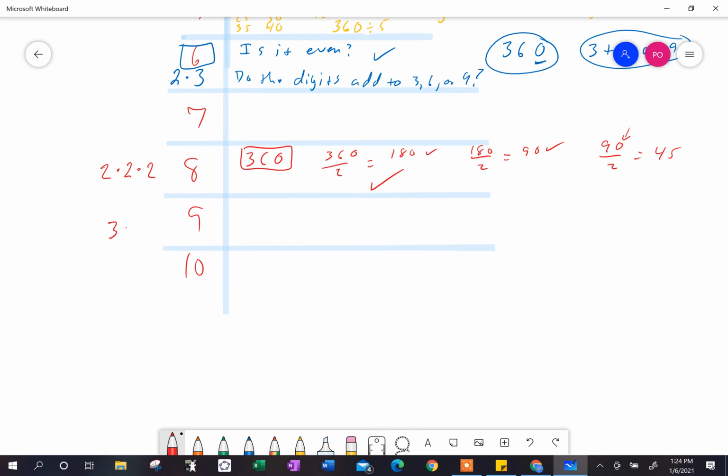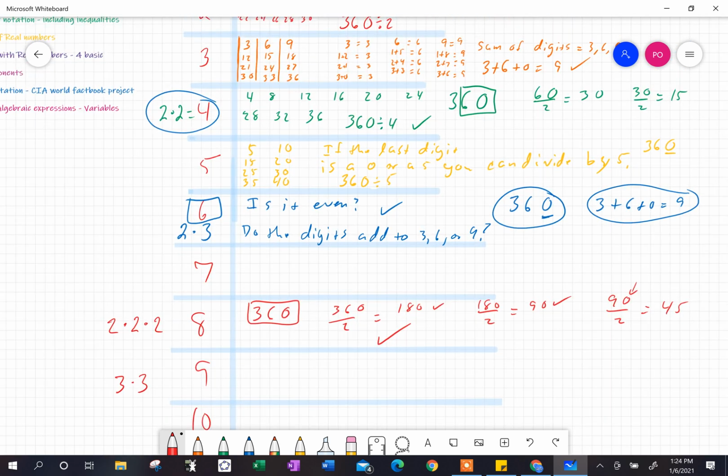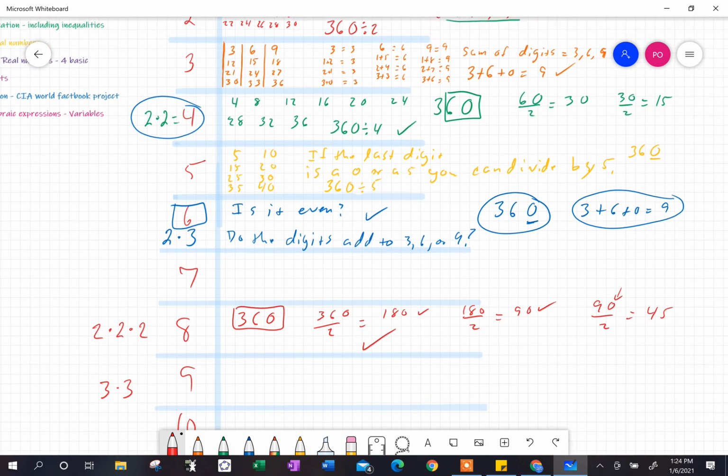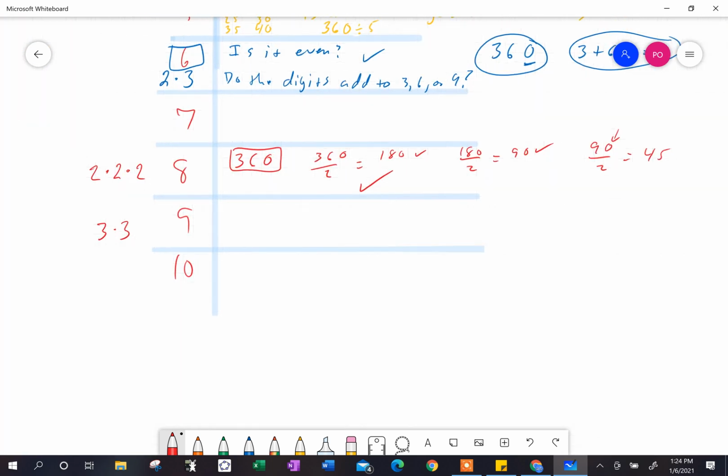Now 9 is 3 times 3. If we look at the rule for 3, it said the sum of digits has to be 3, 6, or 9. So let's take a look real quick at 9: 9, 18, 27, 36, 45, 54, 63, 72, 81, 90.